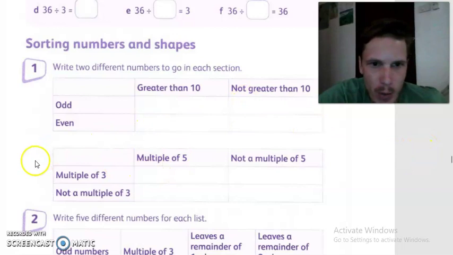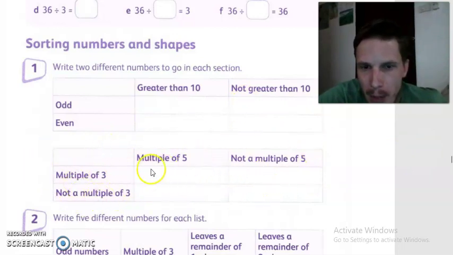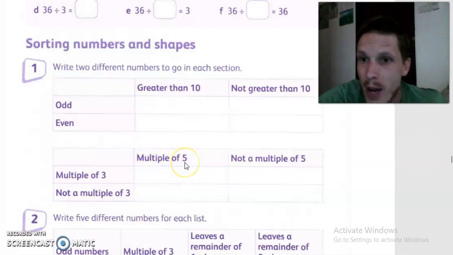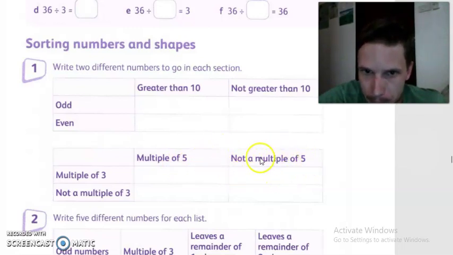For the second Carroll diagram here, we need to do the same thing again, but the answers are in this row, in this column, multiples of 5. So these are numbers which can be divided by 5 without a remainder. Okay, so if it's a multiple of 5, it will be divided by 5 with no remainder. If it's not a multiple of 5 and you divide this number by 5, there will always be a remainder.